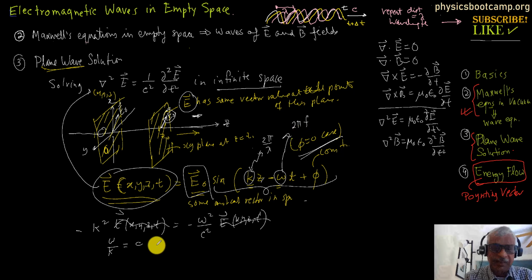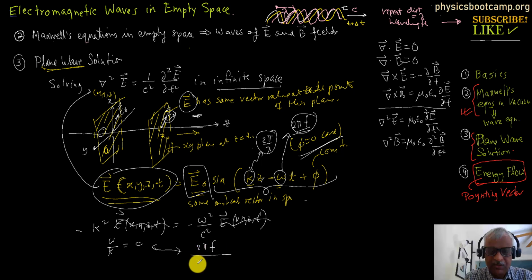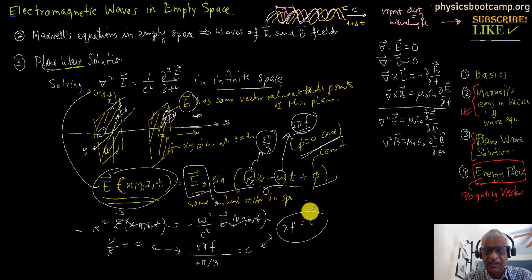And I already said omega is 2 pi f. How do we know omega is 2 pi f? I'll tell you in just a minute, but just verify this: 2 pi f over 2 pi over lambda is c, and so this is the same as lambda f equals c. That's the equation we had earlier, right?